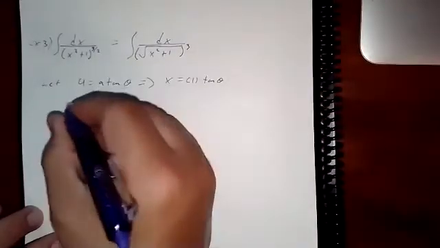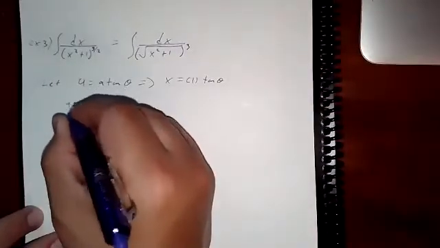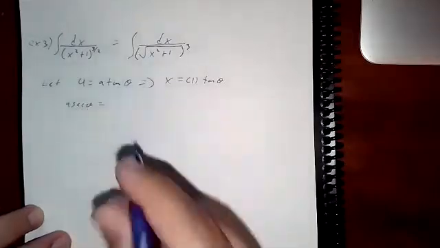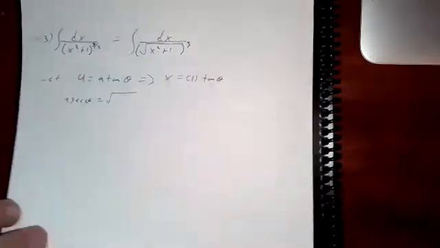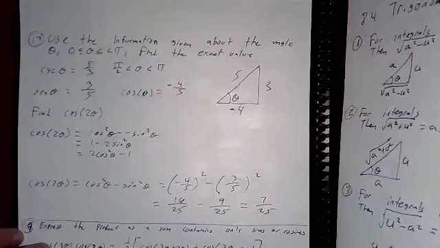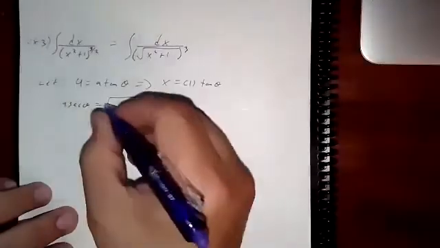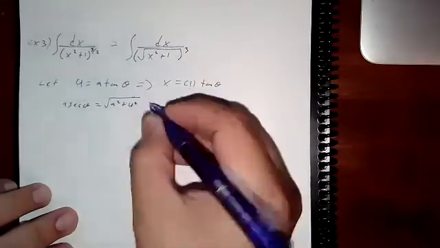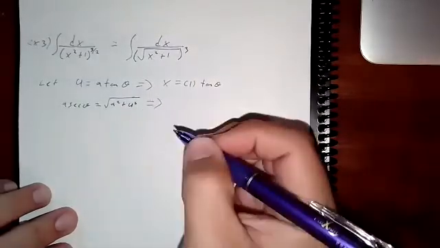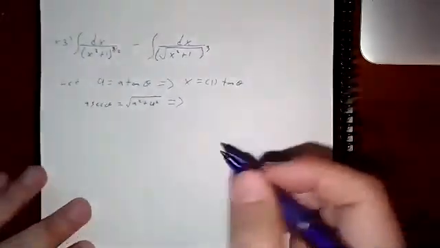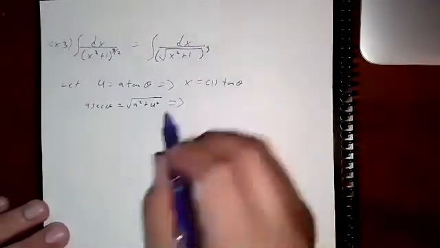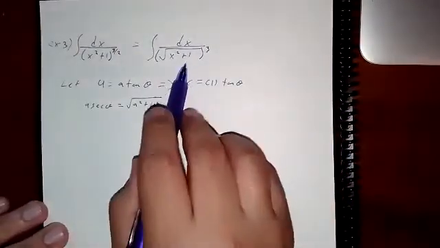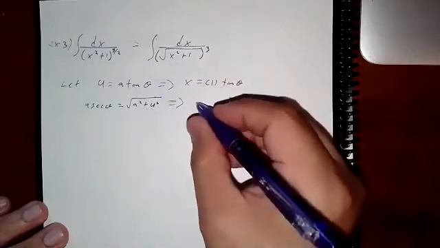So a secant theta is equal to the square root of a squared plus u squared. Which means, changing that back to our x stuff in this specific problem, our a is 1, our u is x.